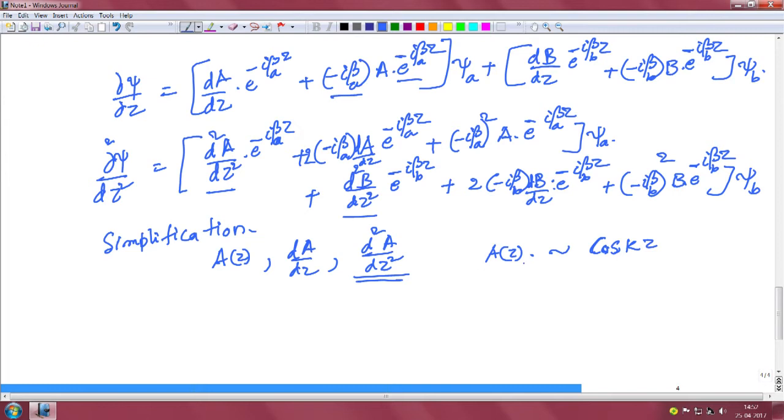So if A of z goes as cos kz, dA by dz will go as k times sin kz, and d square A by dz square will go as k square cos kz.